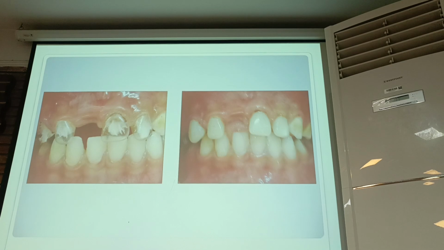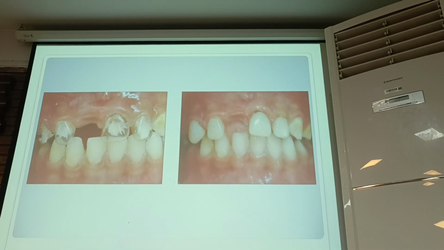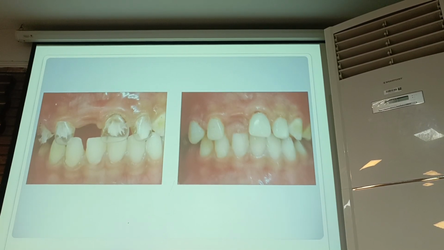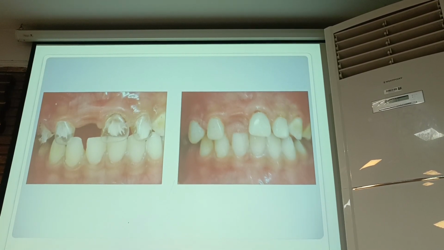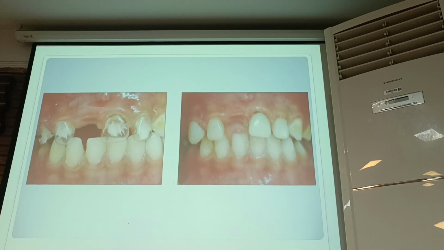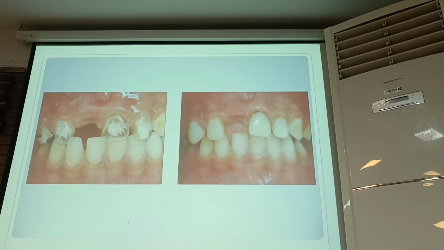Here you can see some special kind of coverage. This is a polycarbonate crown that is filled with composite material and inserted on the crown of the primary tooth. And after that, we can cure it with a special device.